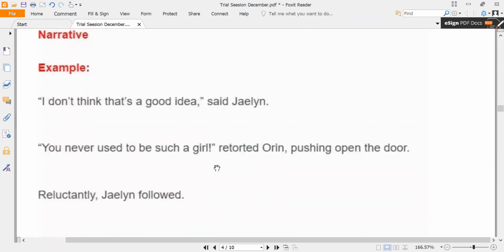Finally, let's see a short example of a narrative text. Narrative, we agreed, is a story-like narration. Here is what we can find in a story. I don't think that's a good idea, said Jalen. You never used to be such a girl, retorted Oren, pushing open the door.